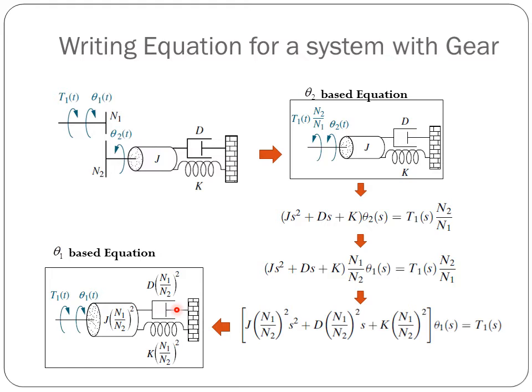Now you can explain the phenomenon. What is the advantage of using a gear in a truck? In a truck or any other vehicle, when we start from the low gear, we reduce this n1 by n2 to a very low value. That means we keep n2 much higher than n1, so that this ratio is much less than 1, and the overall mass or inertia becomes very low for the truck.